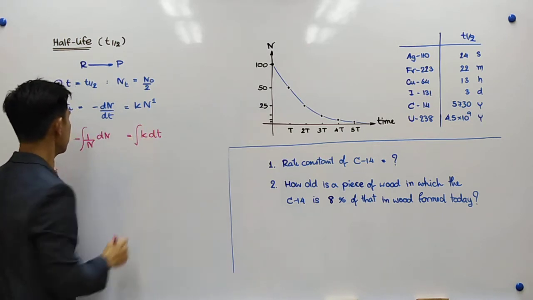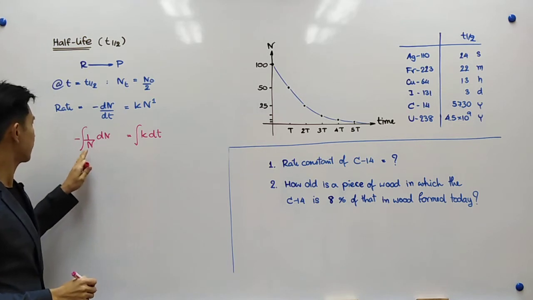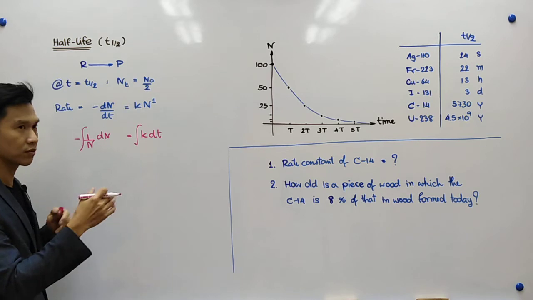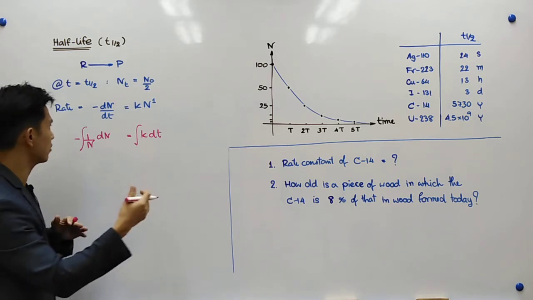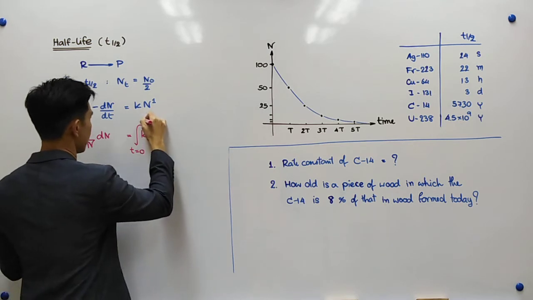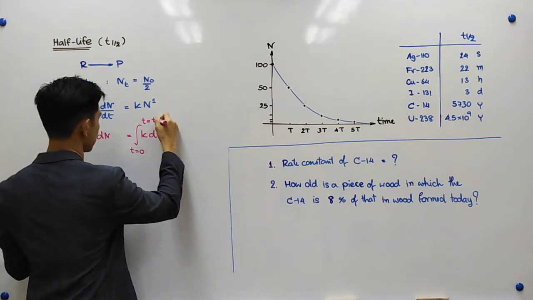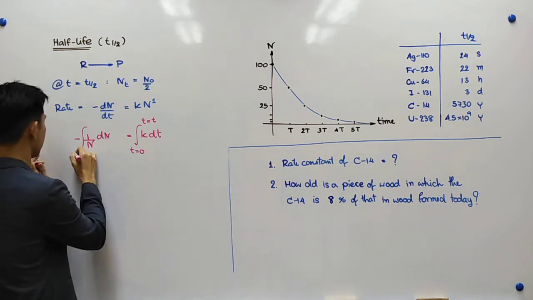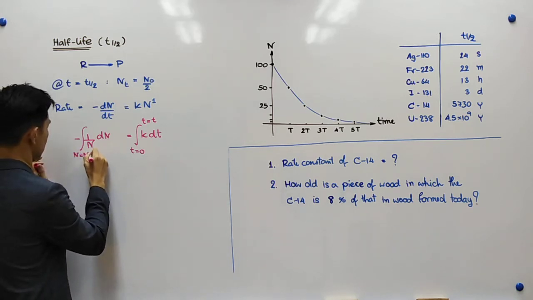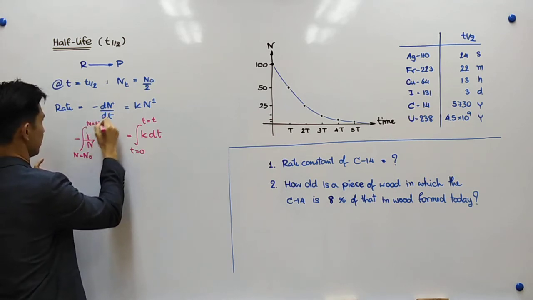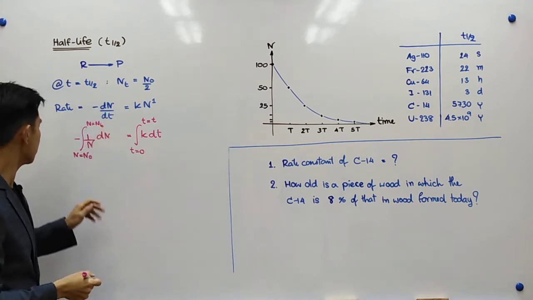Okay. So we integrate 1 over N, but we have to integrate it over the range of time from t equal to 0 at the origin to t equal to t, and this corresponds to N equal to the original N0 and N at time t.